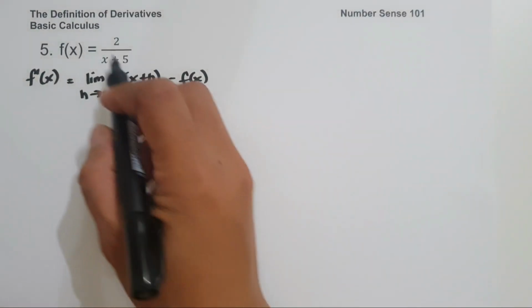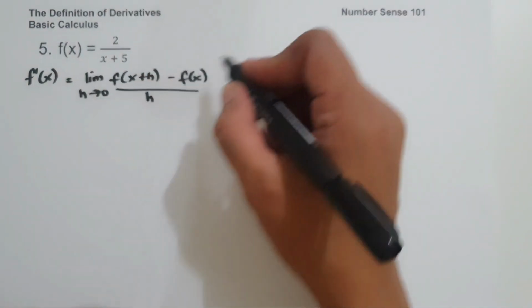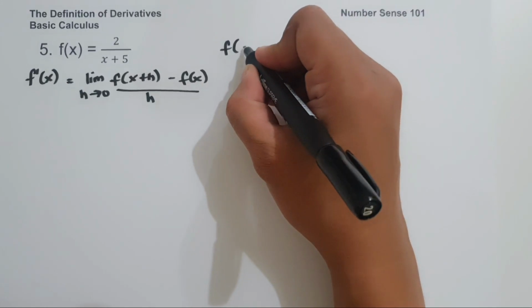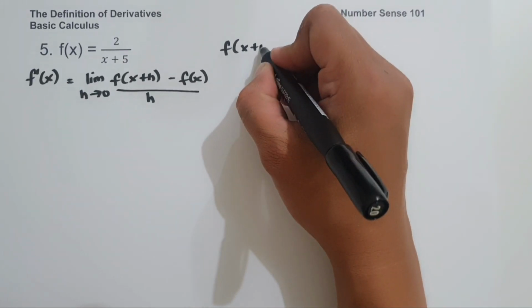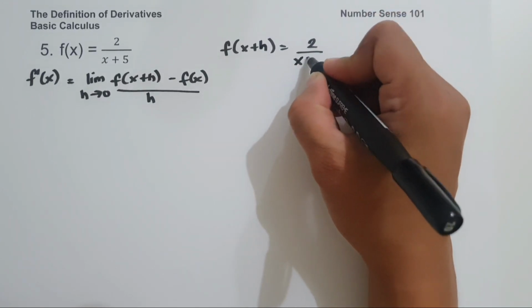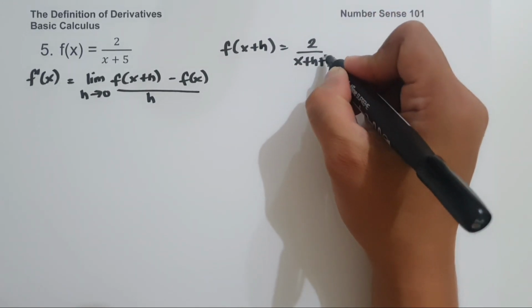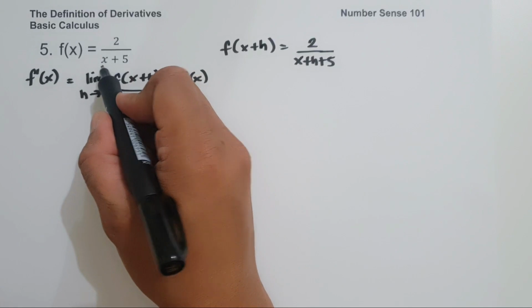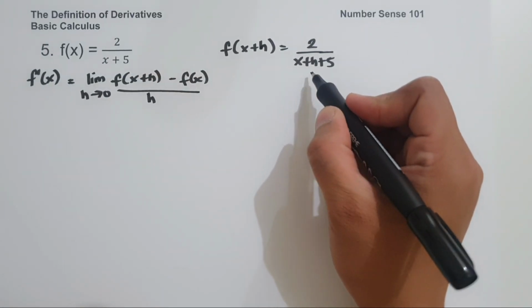Since f of x is 2 over x plus 5, therefore the value of f of x plus h is 2 over x plus h plus 5.